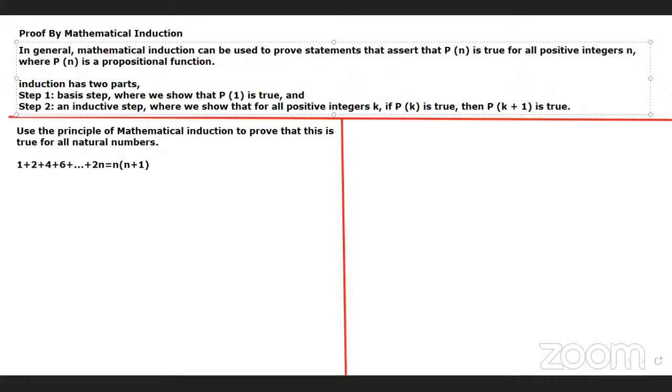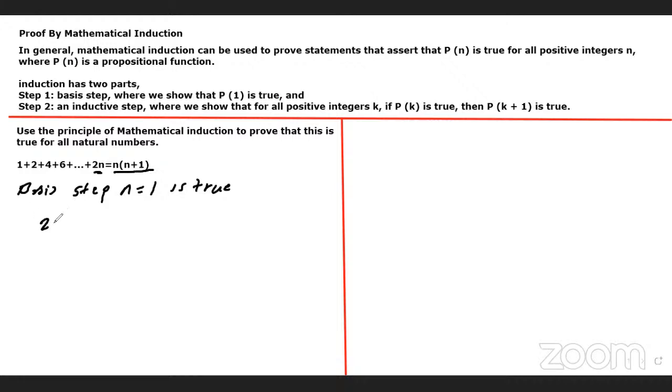All right, so first of all, we're going to look at the basis step. For the basis step, we're going to show that n equal to 1 is true. Let's see if that's the case. We're going to take this part and this, substitute 1 in there and see if both sides are the same.